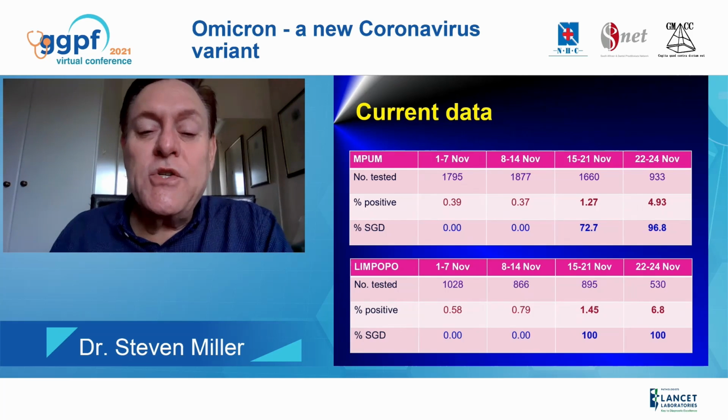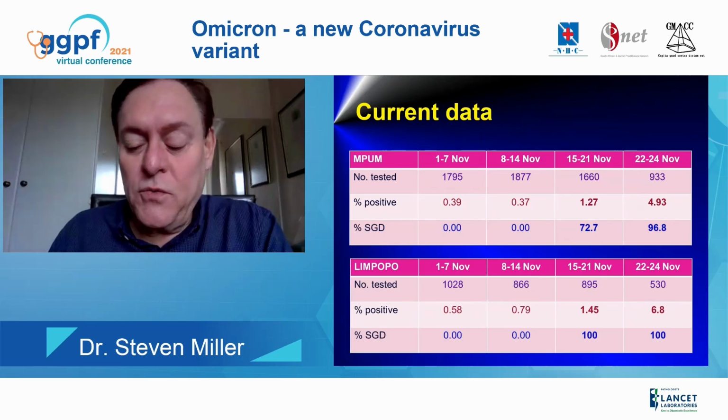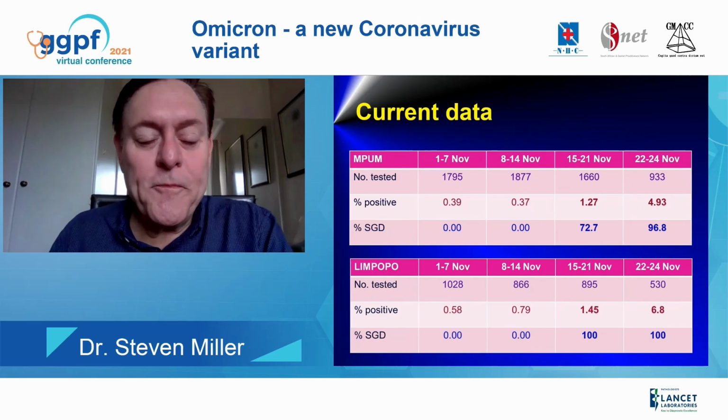And of course, it's going to take 2 to 3 weeks before we have any idea of whether the illness that is caused by this variant is going to be anything different to what we've seen before.